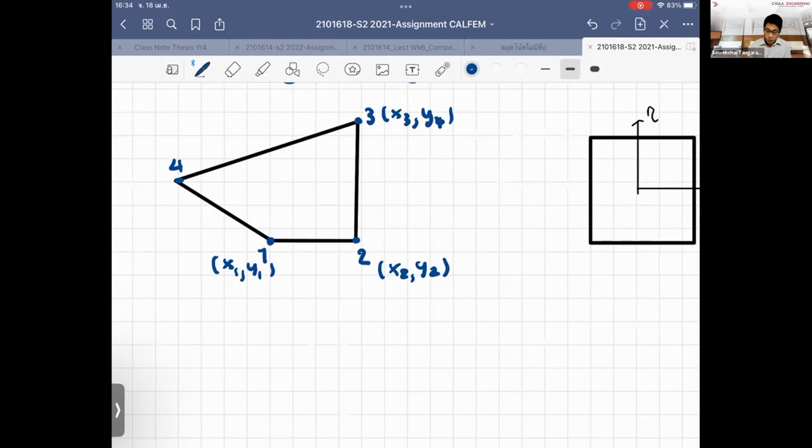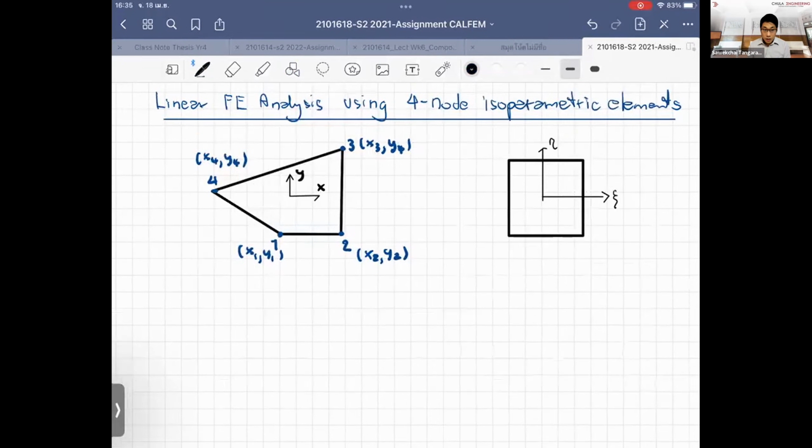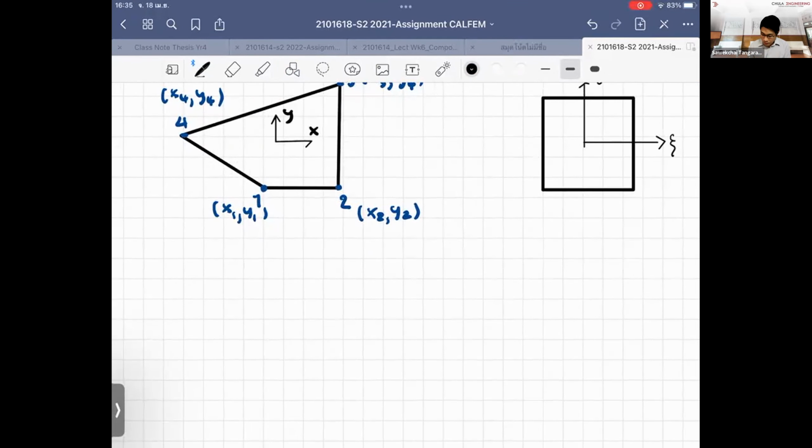And x and y are the coordinates, and they refer to the Cartesian coordinate system. The left-hand side is the real mesh, the real geometry.